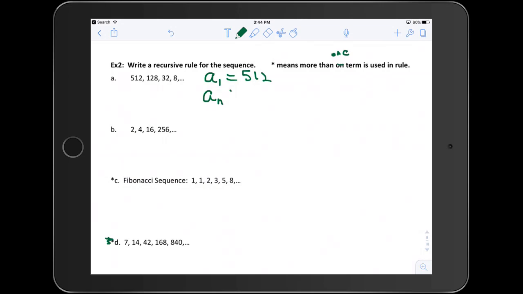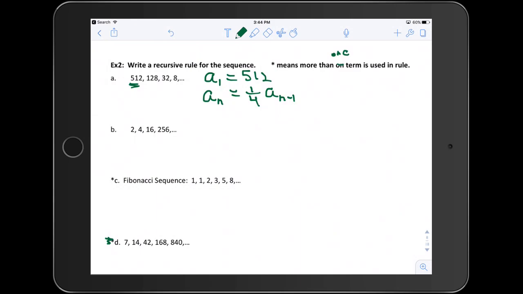So a sub n equals. So I know that I divide 512, or multiply 512 by 1/4. So if I go 1/4 times the previous term, which would be a sub n minus 1, we are in the money.